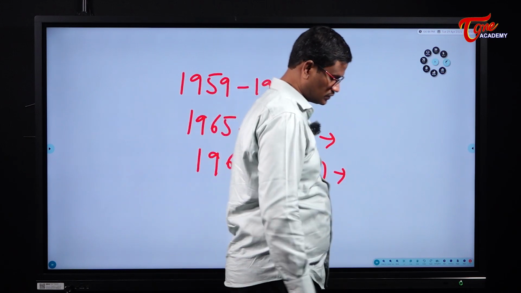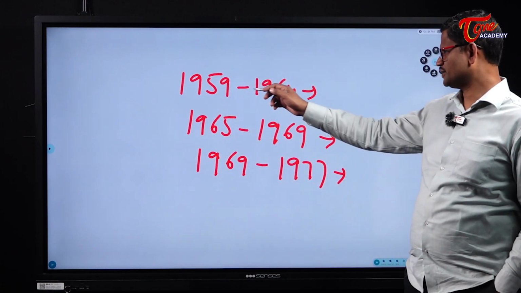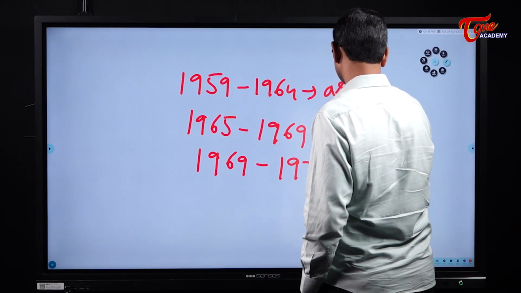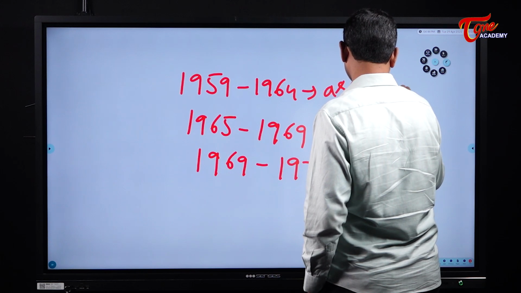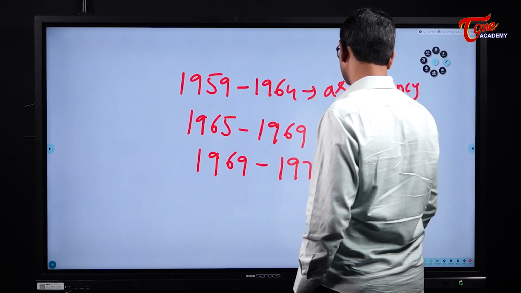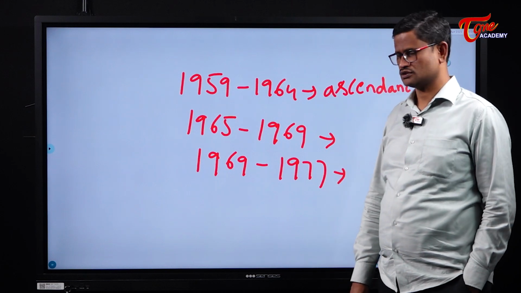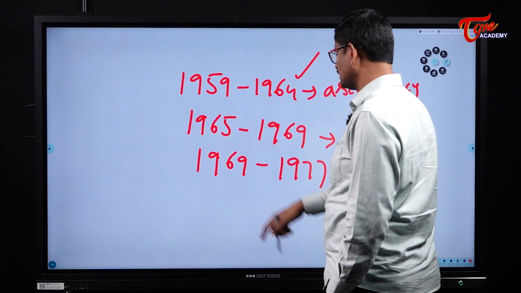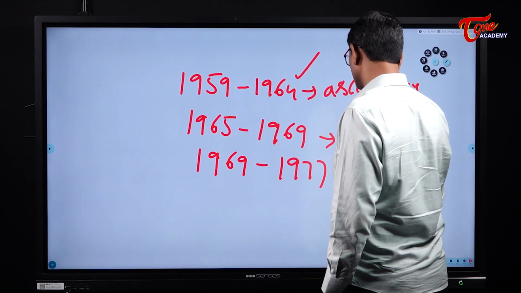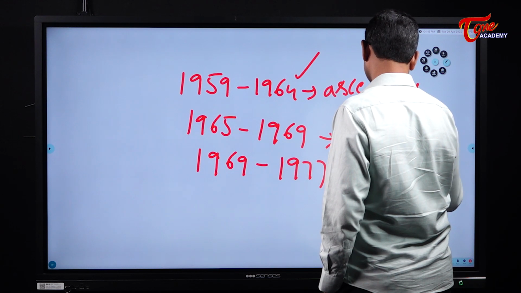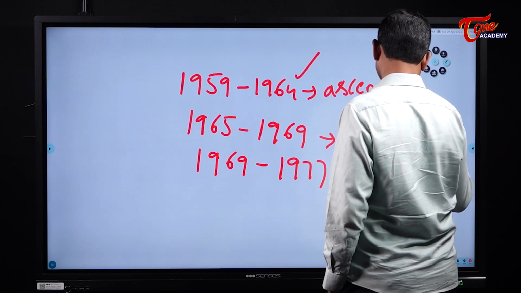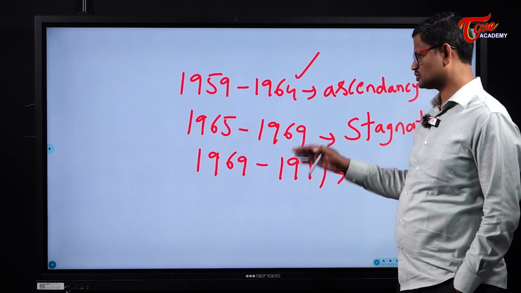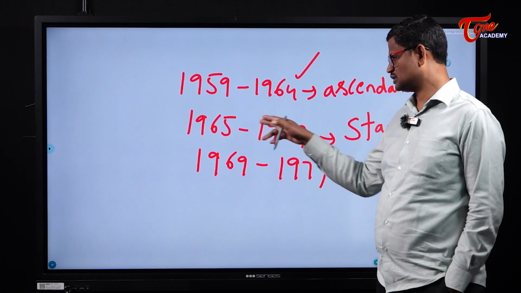These are the phases. Phase 1, from 1959 to 1964, is called a phase of ascendancy. In the very beginning, there is a lot of interest in establishing Panchayat Raj institutions. But later on, Nehru died in 1964. Between 1965 and 1969, you see the stagnation. The initial enthusiasm with respect to local self-governing institutions has come to a standstill in this period.